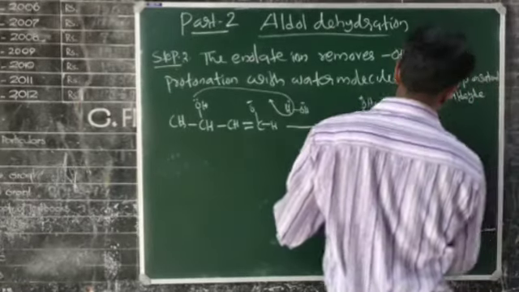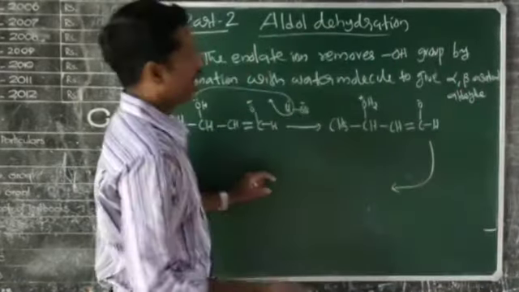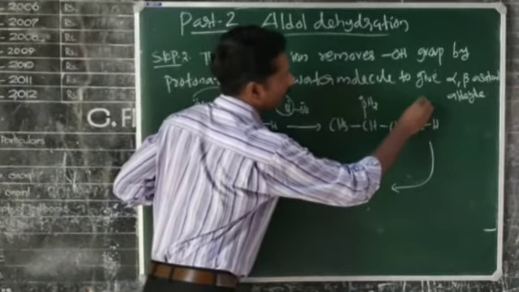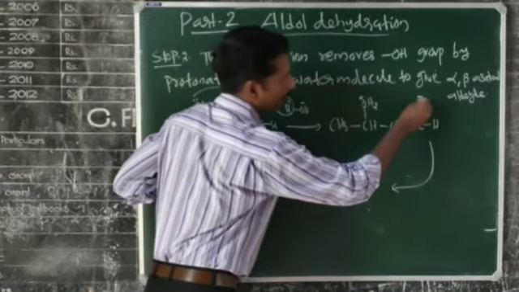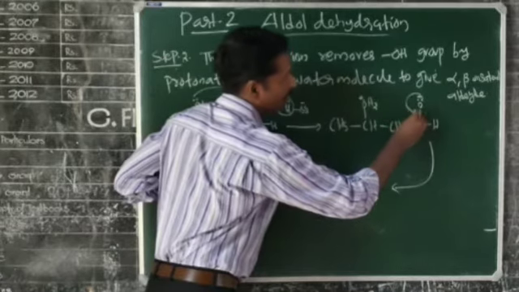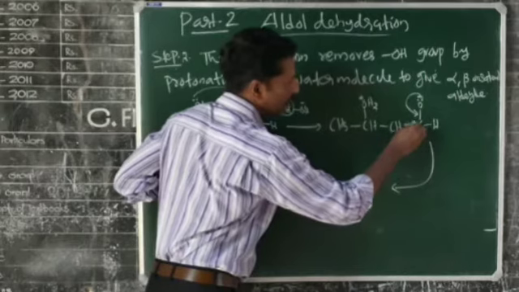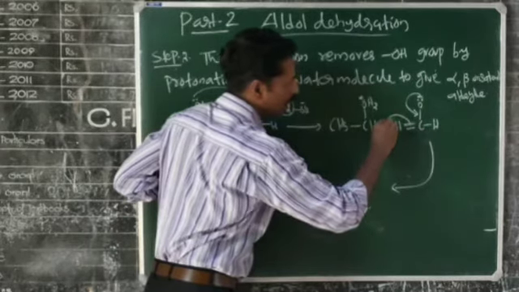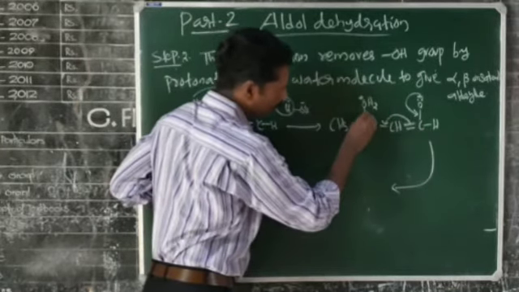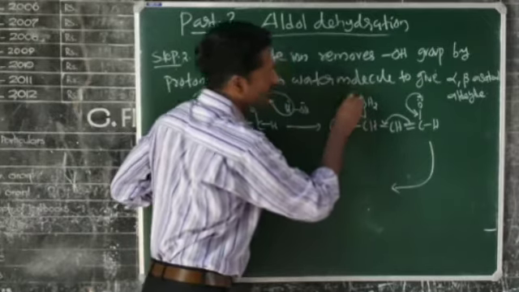And in the next step you can see that this pair of electrons will be shifted back. Then here it will become double bond. Then this C-C bond will be shifted to here. Then here it will become double bond. Then what will be eliminated? H2O will be eliminated.